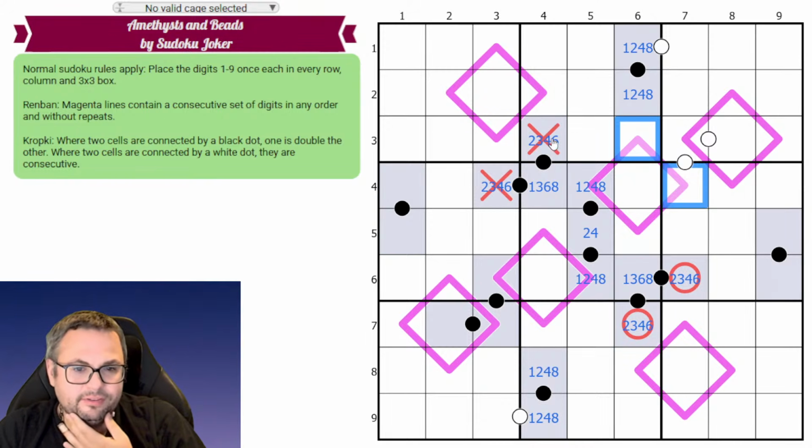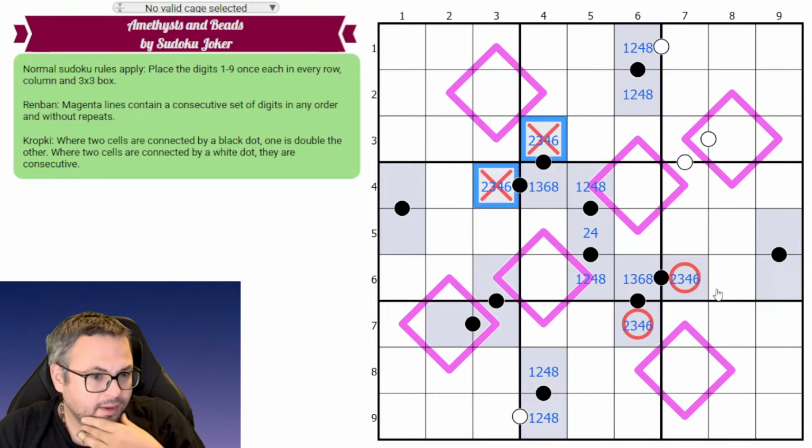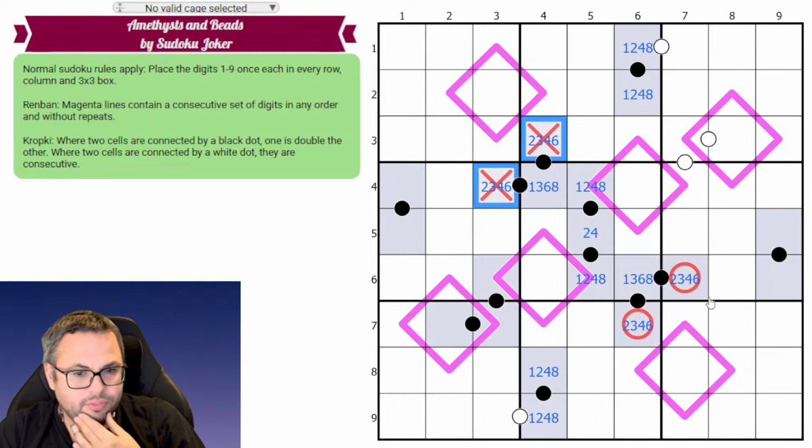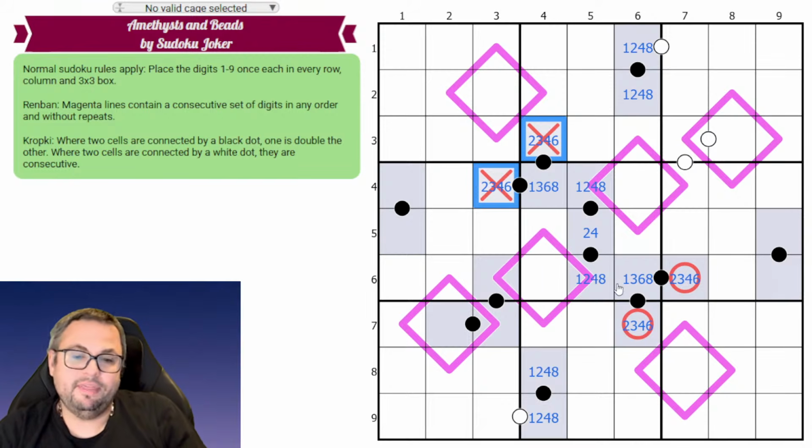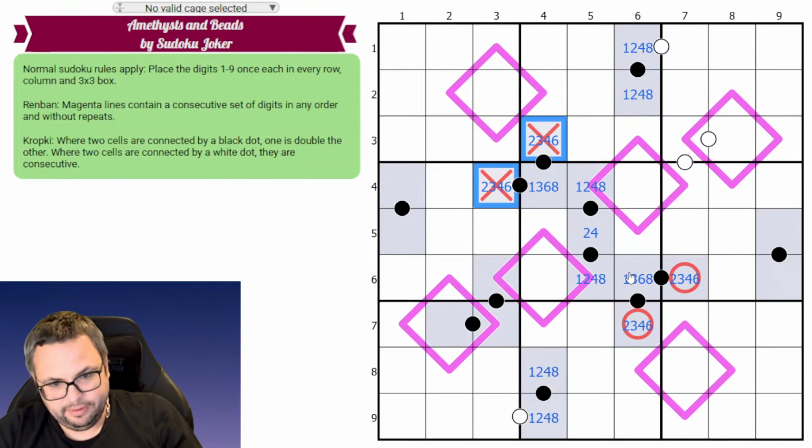If X is 3, 6, and the Renban under it has no 3 or 6. That's true. If this is 3 or... Well, it doesn't have that 3 or that 6 on it, at least.